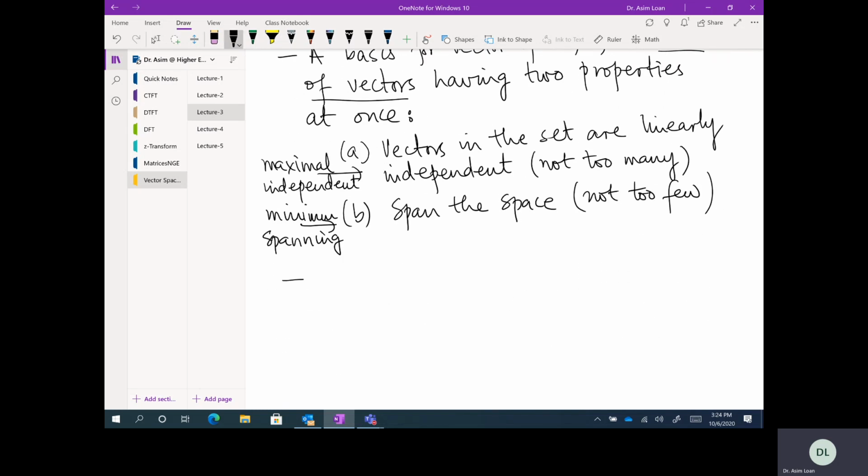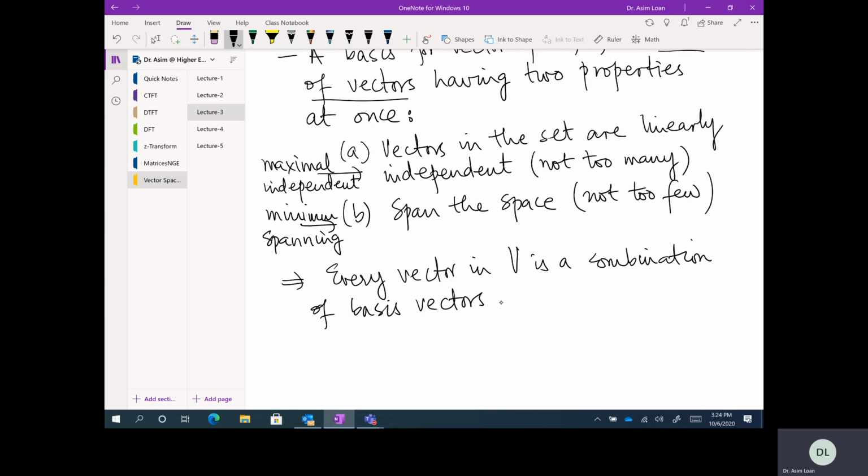So every vector in V is a combination of basis vectors. Why? Because they span the space.